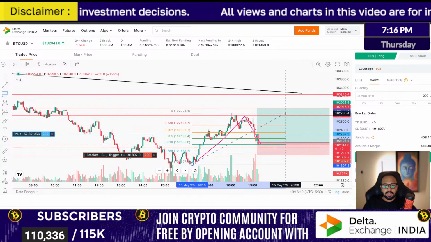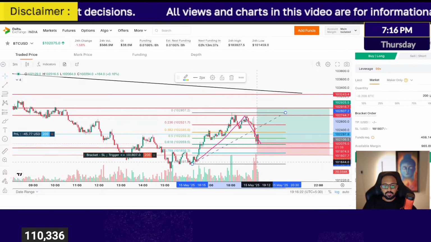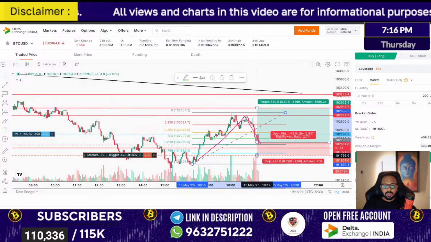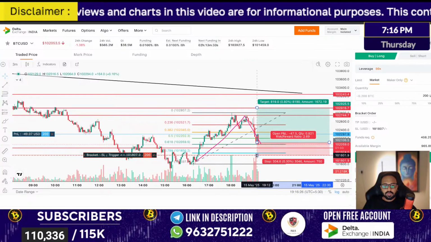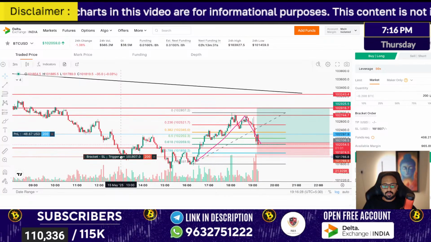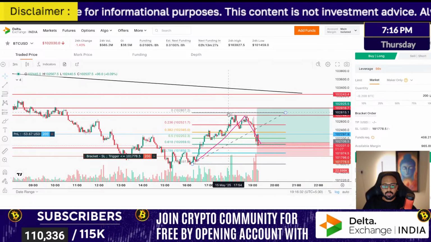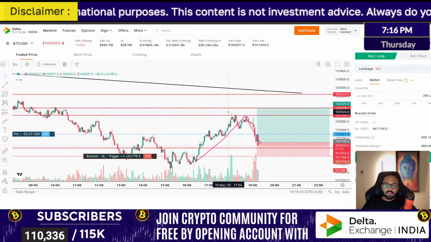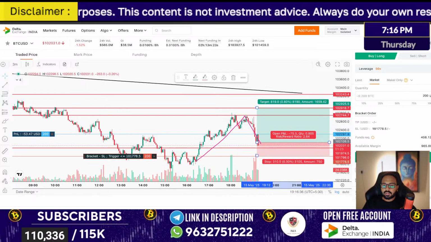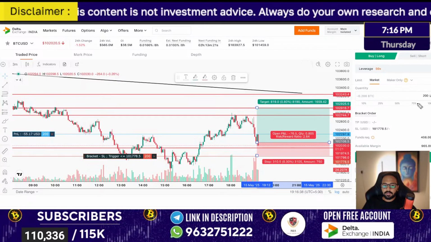Where is it? To, yeah. If you get a little more lower level, then you plan your entry, it will be a bit safe.